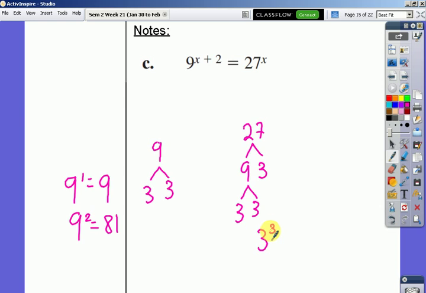So what do I end up having? Well, I have a 3 squared, and then I have an x plus 2. For 27, it's 3 cubed. So far, so good before we perform the distribution.